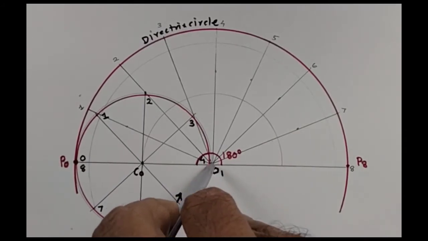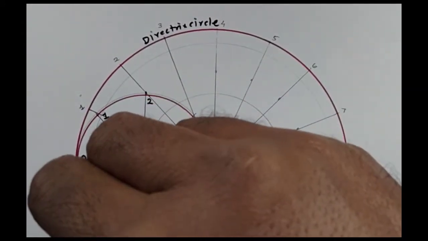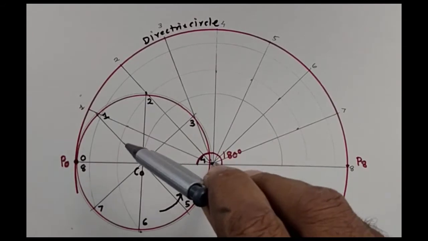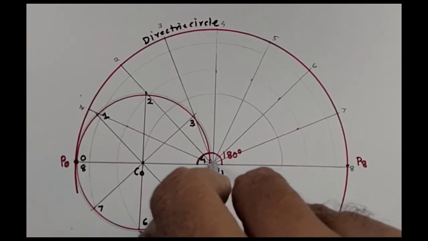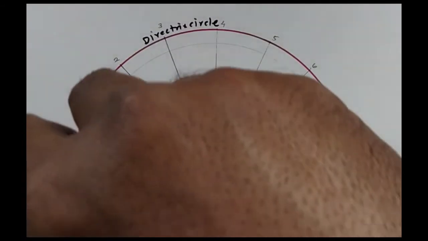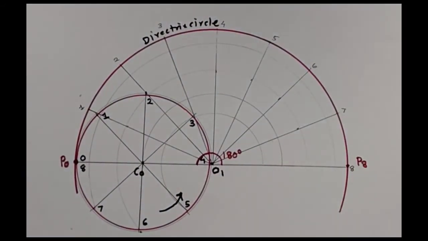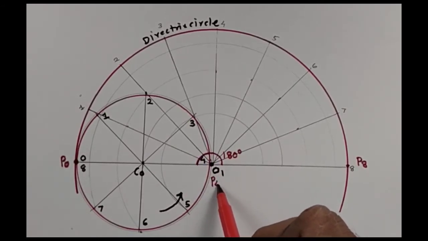Similarly, you can draw the circle passing through 2 and 6. Then the next passes through 5 and 3. Now here your 4 circle is exactly at the O1 point, so I can easily mark this point, my P4.